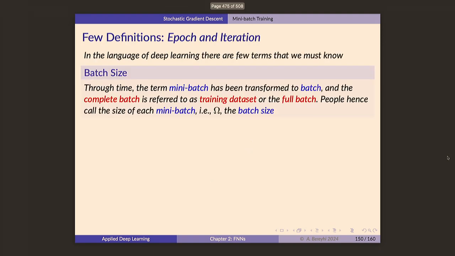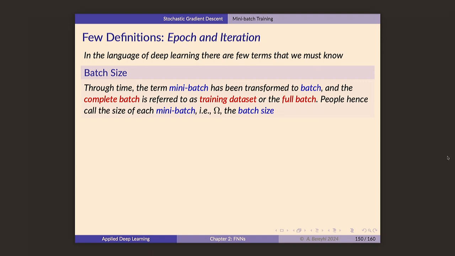Okay, clear. Now, there are a few definitions. Probably all of you already know about that, but just to make it clear for everyone, something we call batch size, which is basically the size of the mini batch. As I told you, many people call mini batch just batch, because at some point people started to forget that batch used to mean the training set.